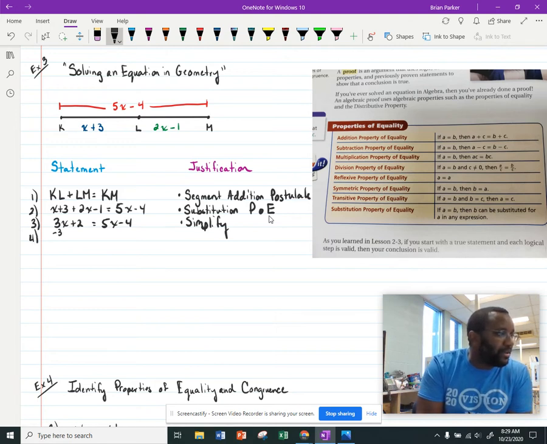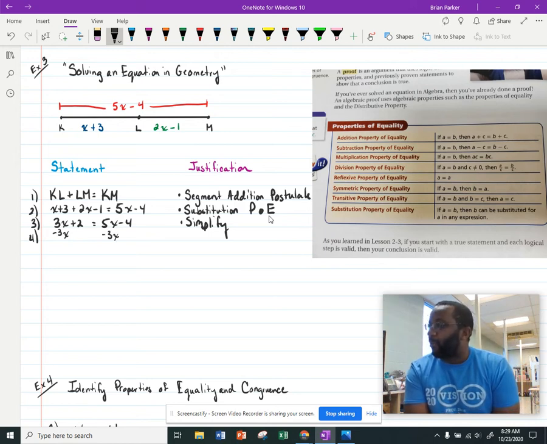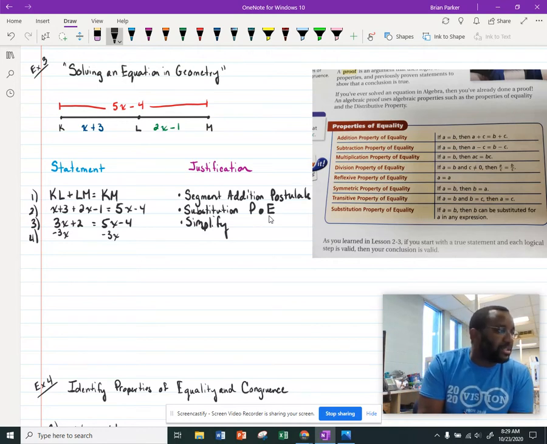We'll subtract 3x from both sides. Why is that okay? Well, we're going to end up with 2 equals 2x minus 4. That's okay to do because of the subtraction property of equality.